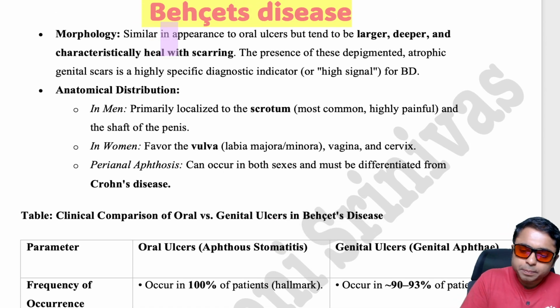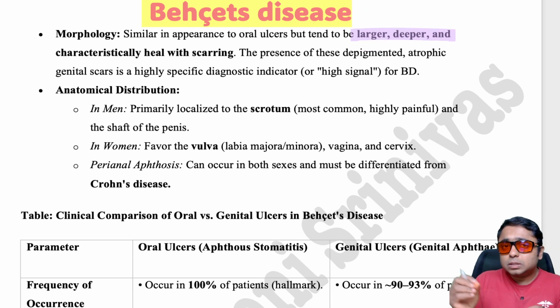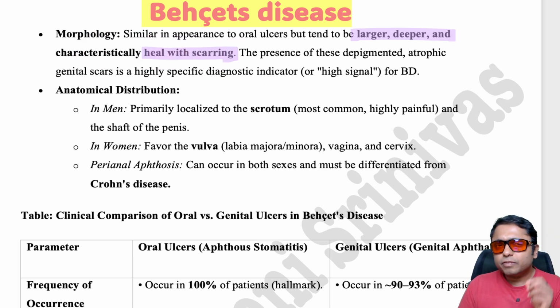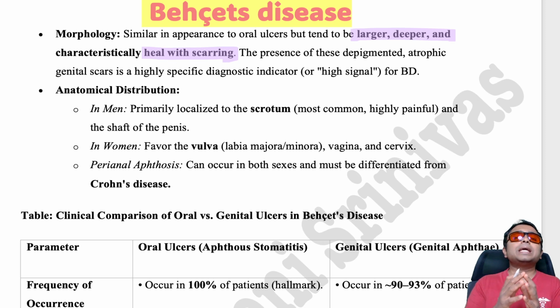Coming to the morphology, it is similar in appearance to the oral ulcers, but some small differences are there. The genital ulcers are going to be larger, deeper, and they are going to heal with very bad scar formation. So if a patient has oral ulcers and also genital ulcers, in the genitalia there is going to be scarring, but in the oral mucosa, despite this condition being recurrent and chronic, there will not be any scar formation.